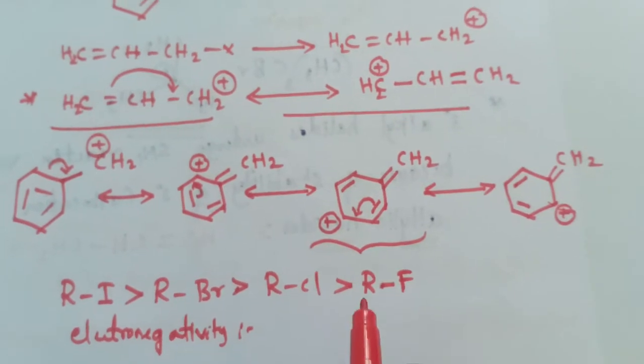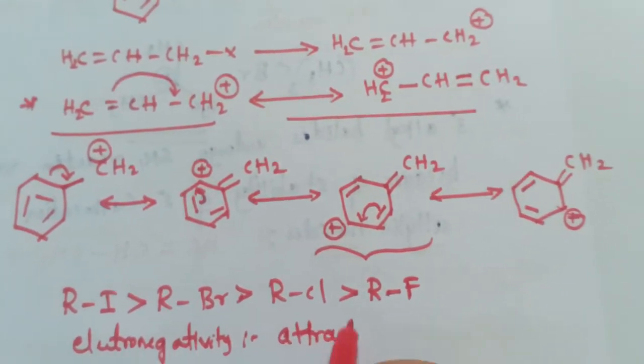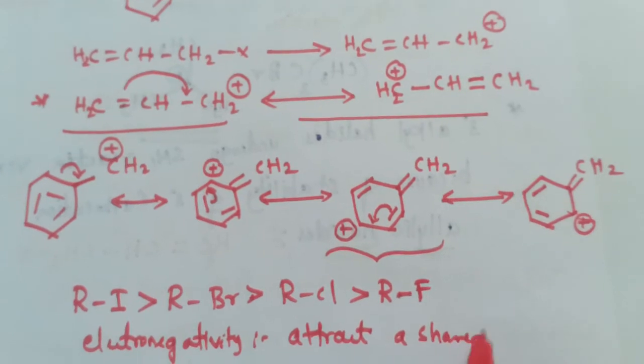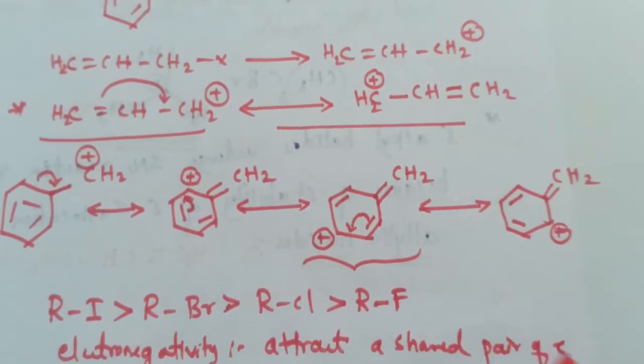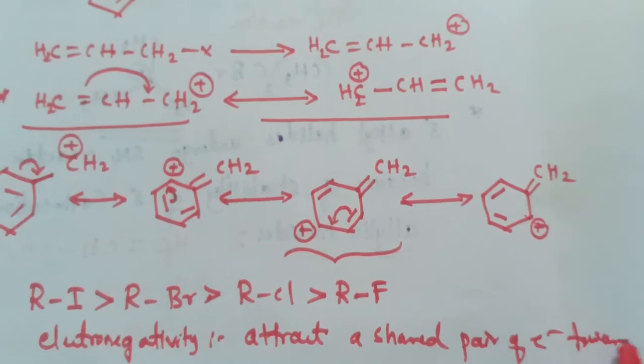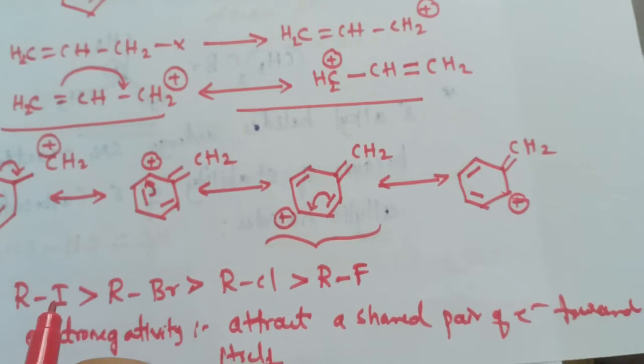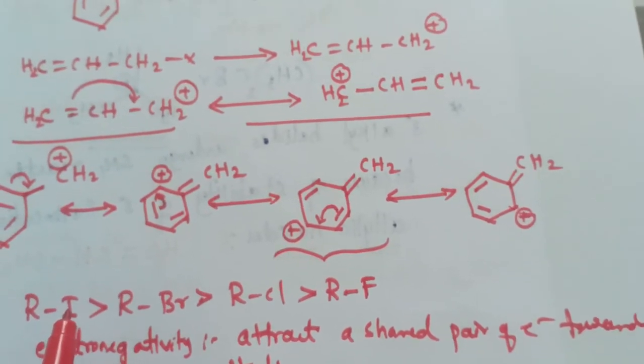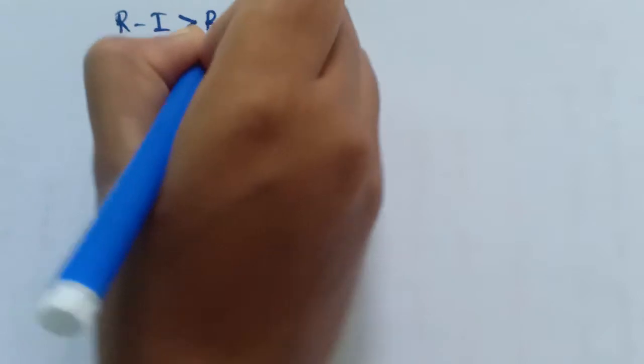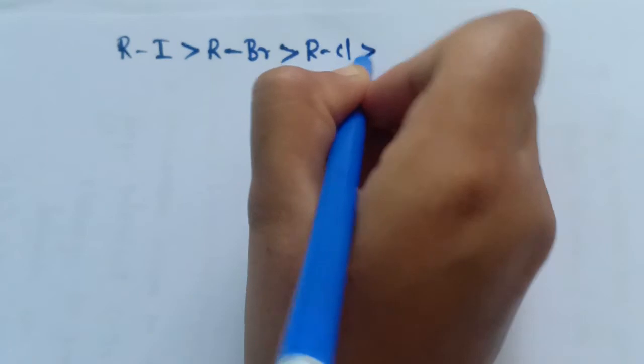It is the tendency of an atom to attract a shared pair of electrons towards itself. Now, for a given alkyl group, the reactivity of halides RX follows the same order in both mechanisms, that is Sn1 and Sn2. The order of reactivity of halides is the same: first is RI, next is RBr, next is RCl, next is RF.